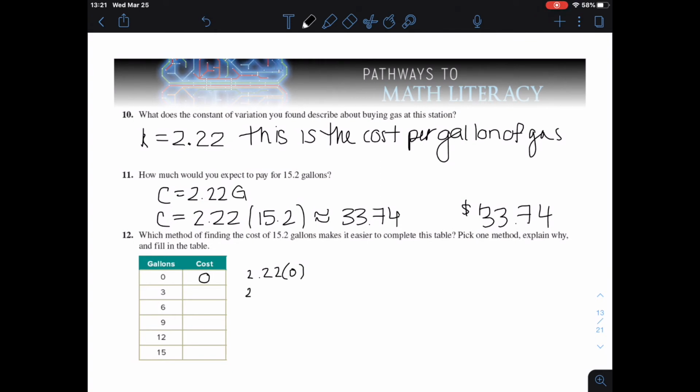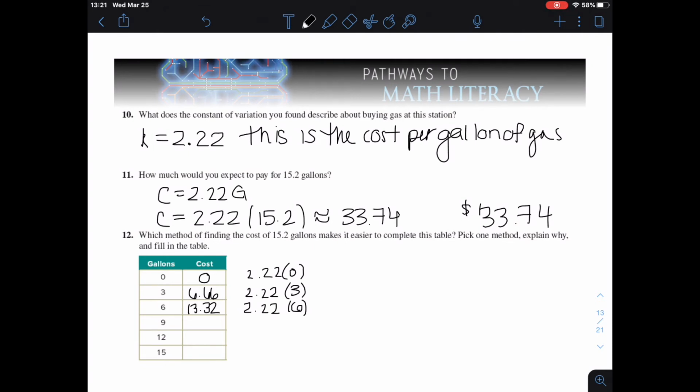When you get 3 gallons of gas, it's 2.22 times 3. So it'd be $6.66 for 3 gallons. For 6 gallons, same thing. Multiply the 2.22 by 6, and it would be $13.32 for 6 gallons of gas.